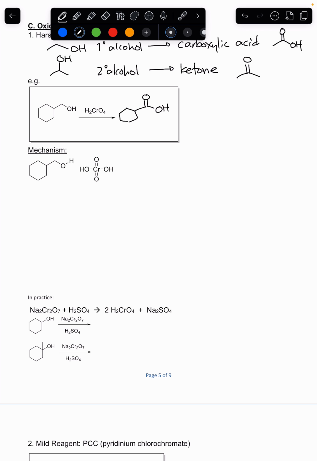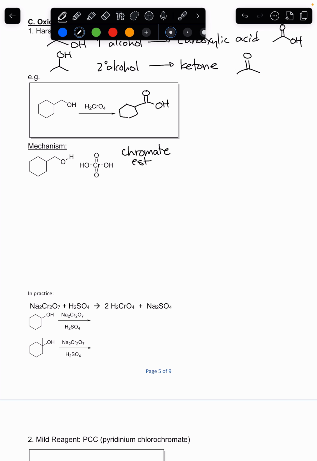Okay. So the first few steps are the steps that we're going to actually kind of skip for now. We're just going to call it the sort of magic chromate ester formation mechanism. And in chapter 9, we'll extensively discuss the ester formation mechanism.